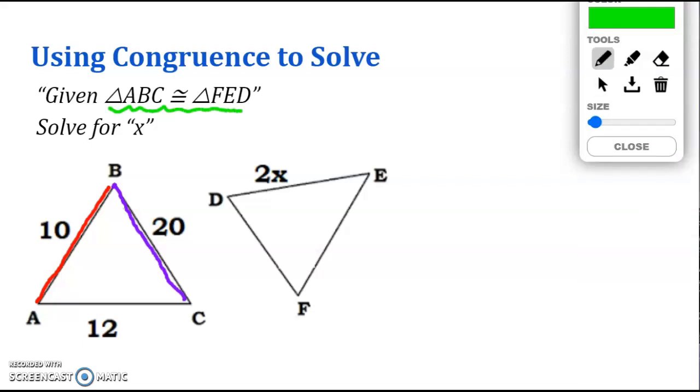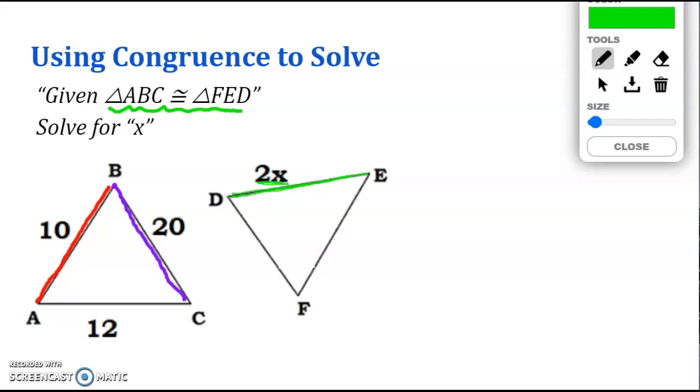So we use the congruence statement to solve for x. Solve for x means, where is the x? We have 2x right here. The 2x is not referring to any angle measure, it's referring to the side length going from point D to point E. So side DE is what we are referring to.